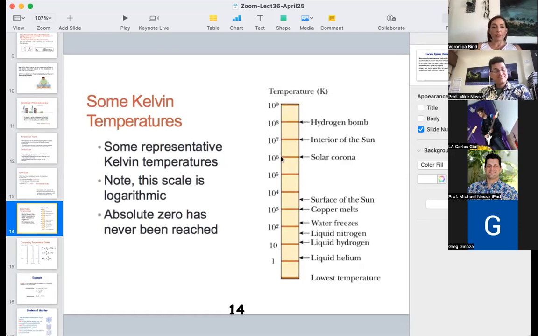Solar corona, so the atmosphere around the sun, 10⁶. The surface of the sun, we see that it decreases. And then here we have something from this planet. Copper melts at 10³, and water freezes at just above 10², and so on. And here we have liquid nitrogen, liquid hydrogen, liquid helium, and this is the lowest temperature.